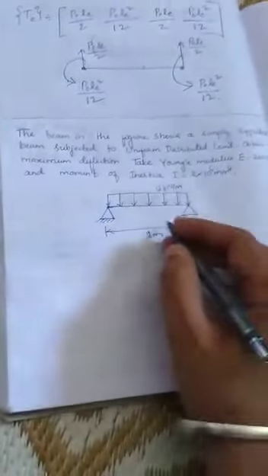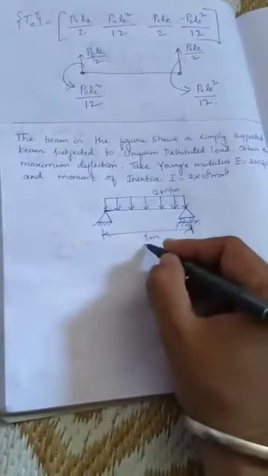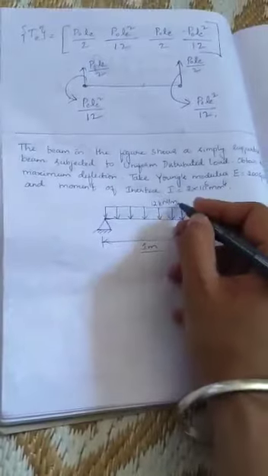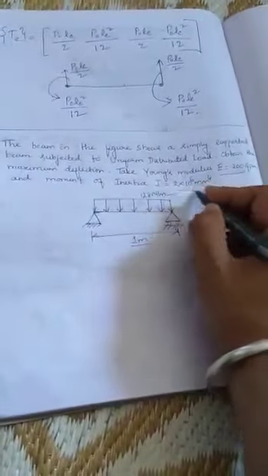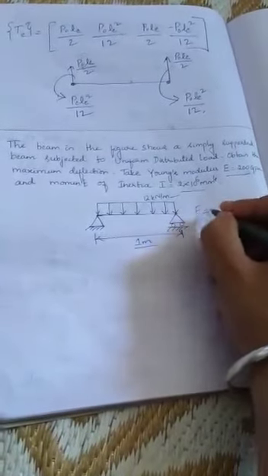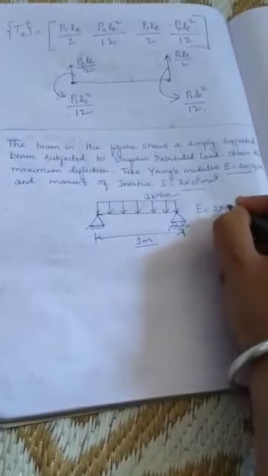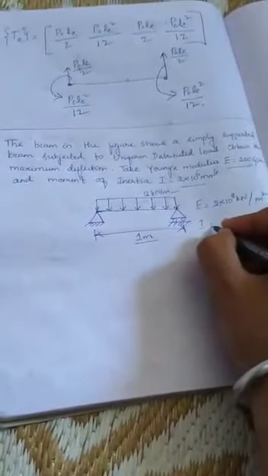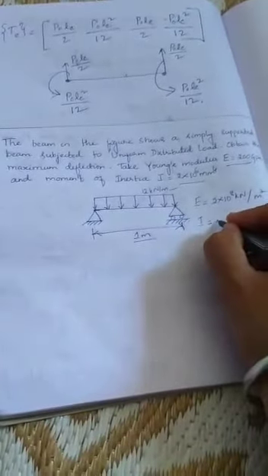Since the units are given in meters, 1 meter and 12 kilonewton per meter, we have to convert this E and I into meters. The conversion gives E equal to 2 into 10 raised to 8 kilonewton per meter square, and I is converted into 2 into 10 raised to minus 6 meter to the power of 4.